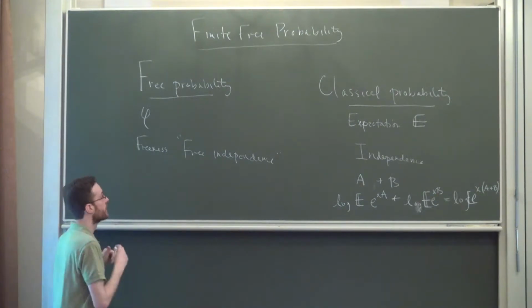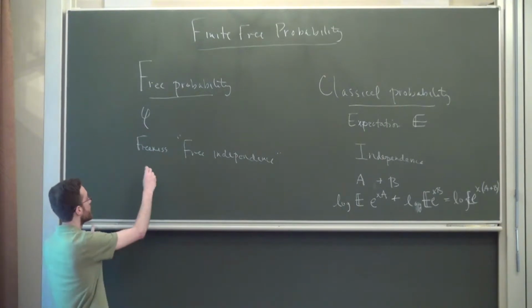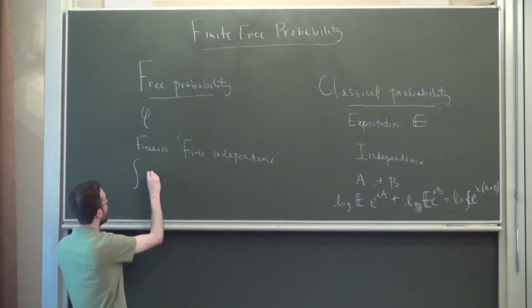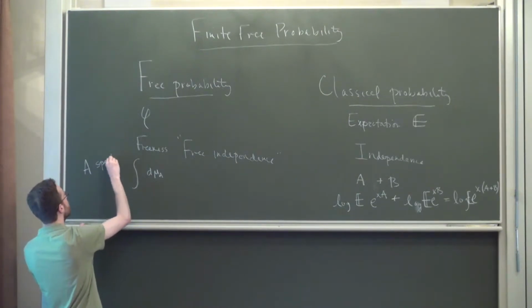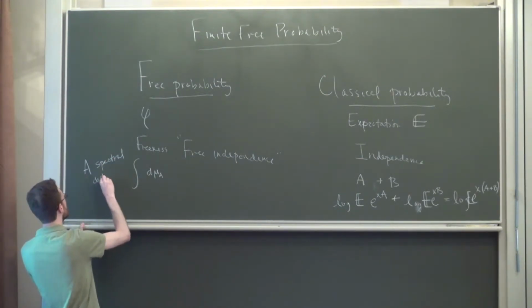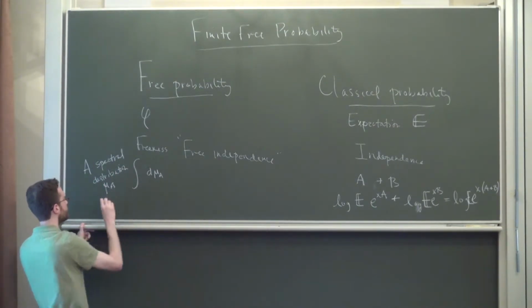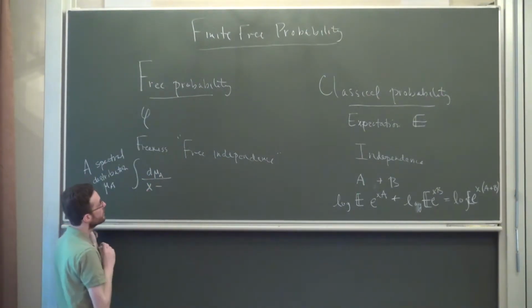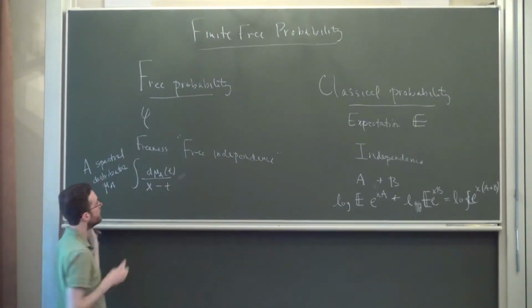The same thing happens over here. You form what's called the non-commutative moment generating function, which is the integral of... So if A has spectral distribution mu A, then what you form is this function here.